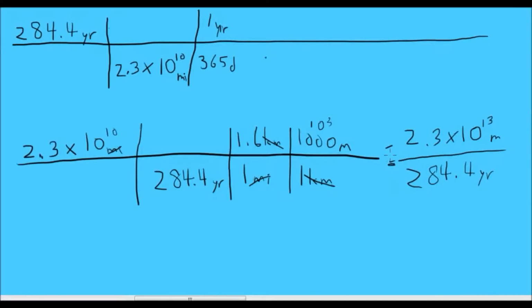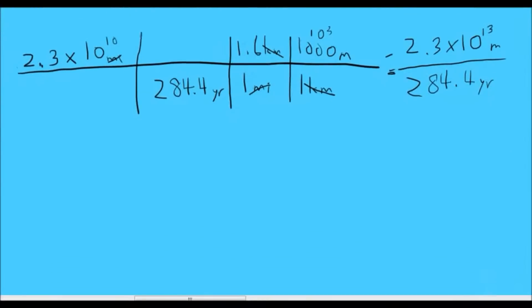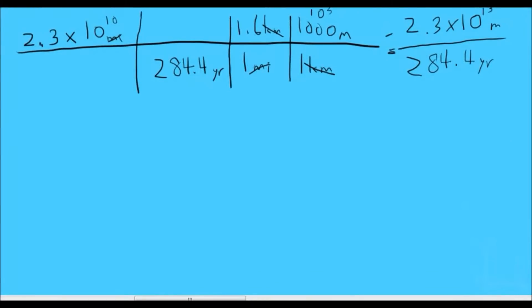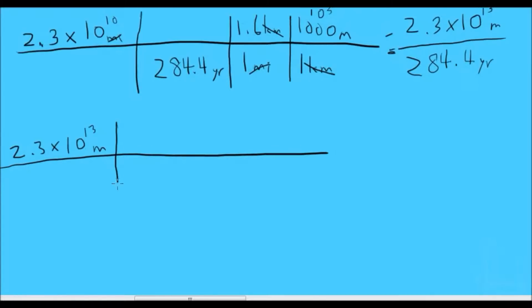Now we have to convert the years into seconds to find out how many meters per second this planetoid is moving. So let's move down here. Let's set this up again at the bottom. Now we've got 2.3 times 10 to the power of 13 meters per 284.4 years.